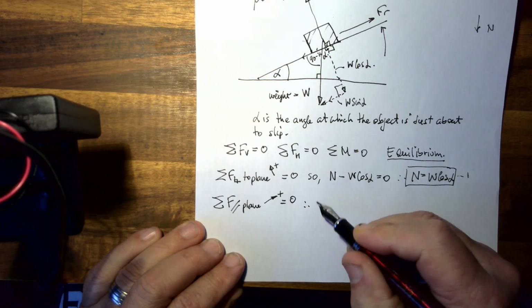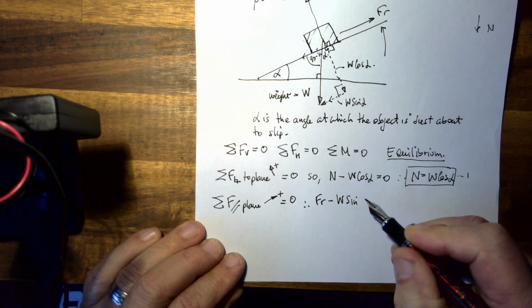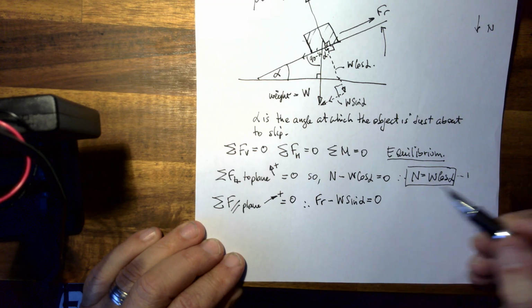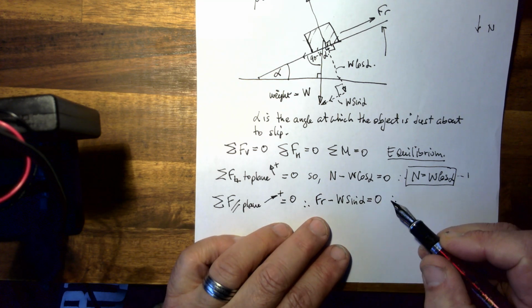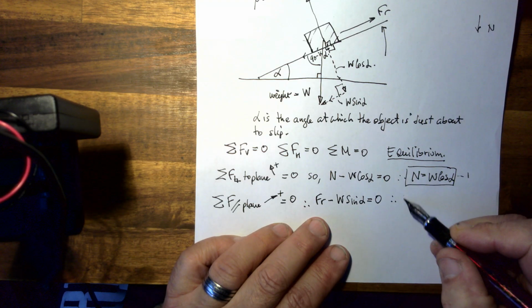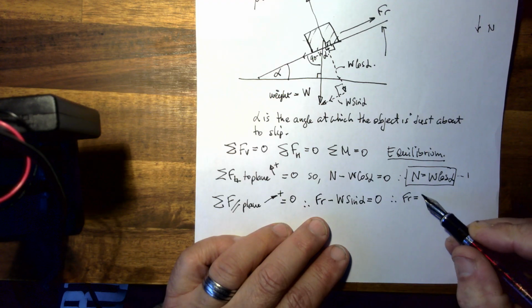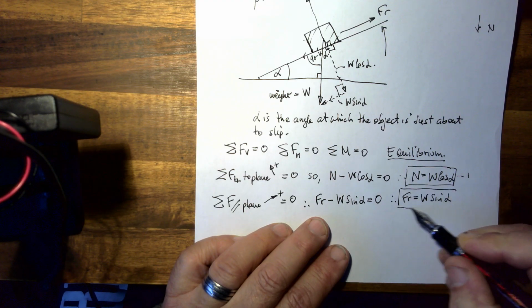So therefore, FR minus W sine alpha equals 0. Taking that equation and adding W sine alpha to both sides, we're going to get FR equals W sine alpha. Now there's my second equation.